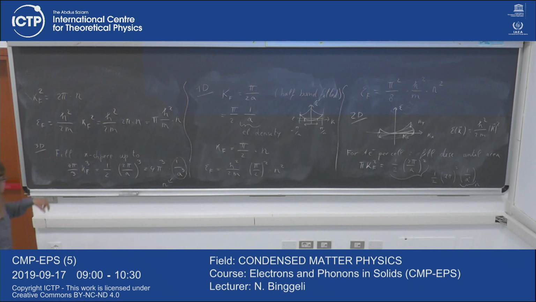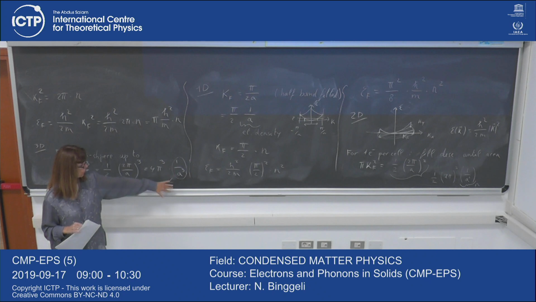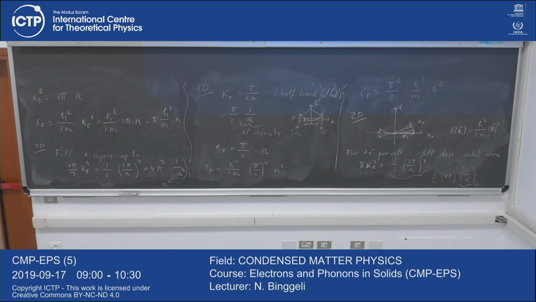So if I want to generalize this to 2 electrons per unit cell, I will just replace this by n and have a 2 over a cubed here. No h bar? Just to be sure.